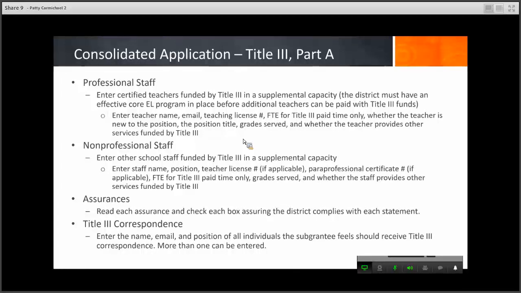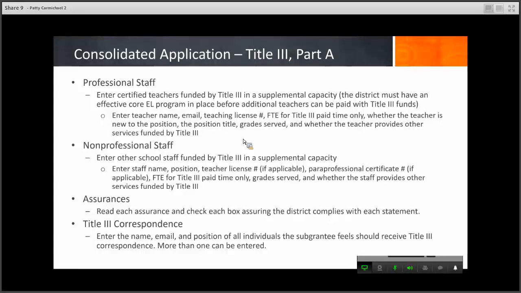And if you have questions on that, let me know. Non-professional staff would be like paraprofessionals. It could be school counselors, social workers, parent liaisons, those types of positions. Again, they still need to be supplemental, but they are allowable uses of Title III funds.